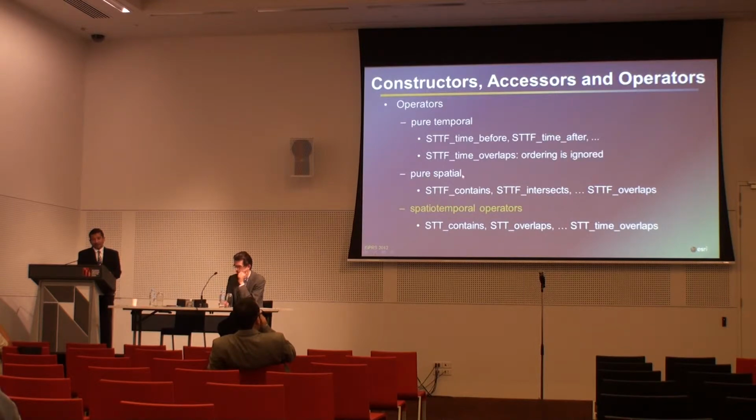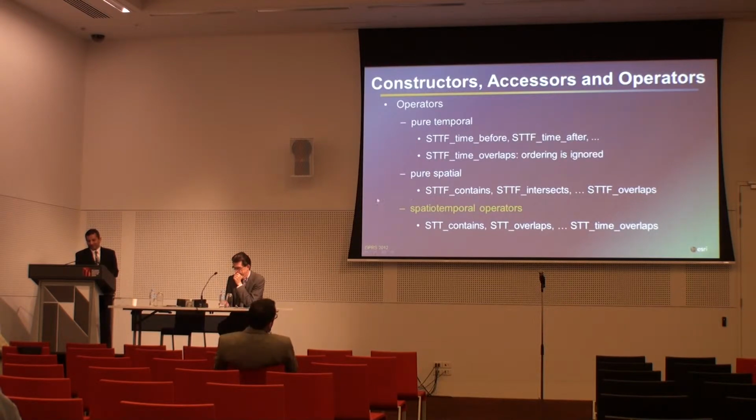Similarly, you can have spatial operators, for example, whether two objects contain each other, true or false, or intersect, or overlap. These first two types of operators are very well understood. People have been working on them, so they are well documented, and there is no need to explain more.